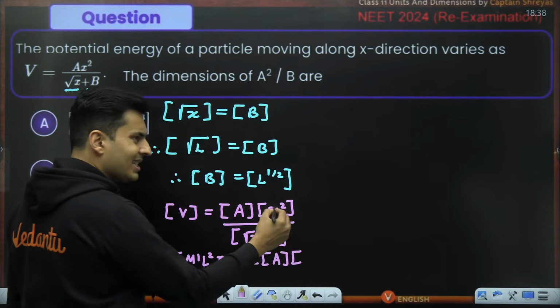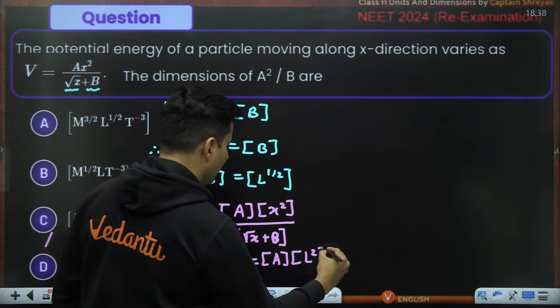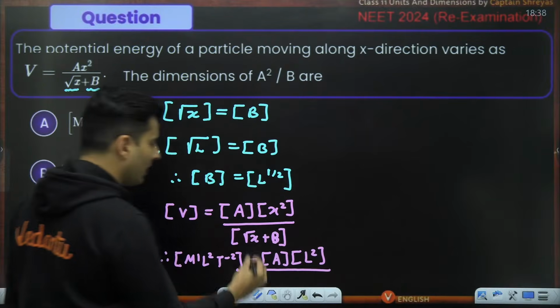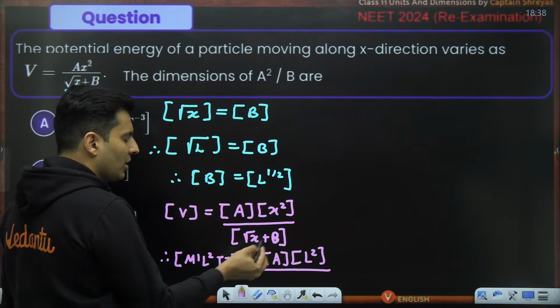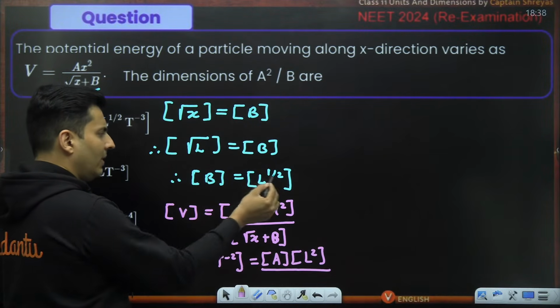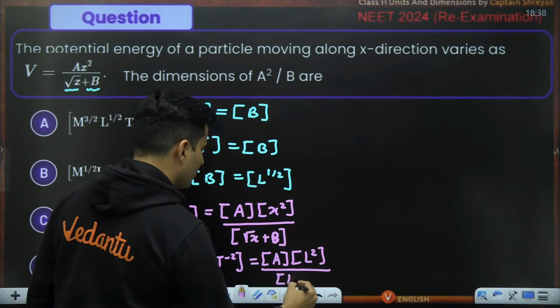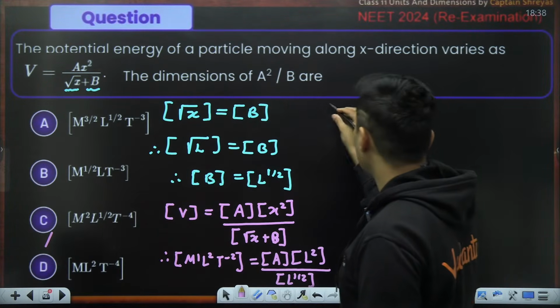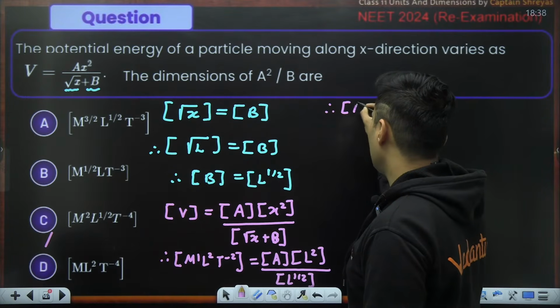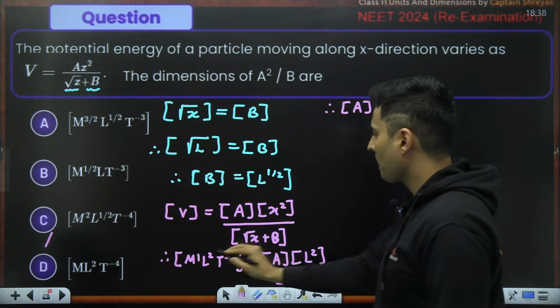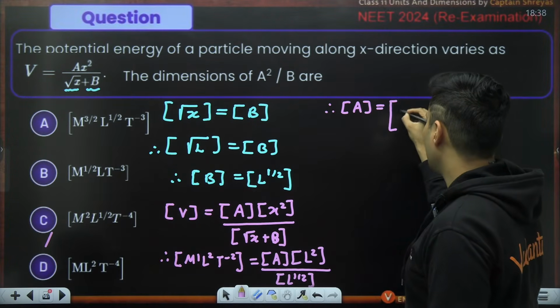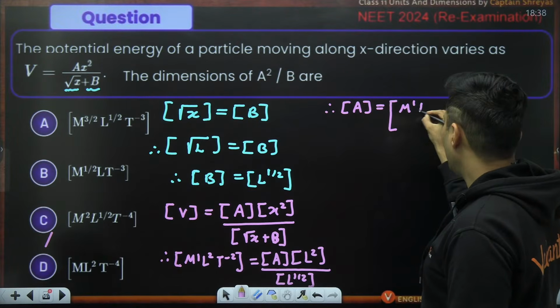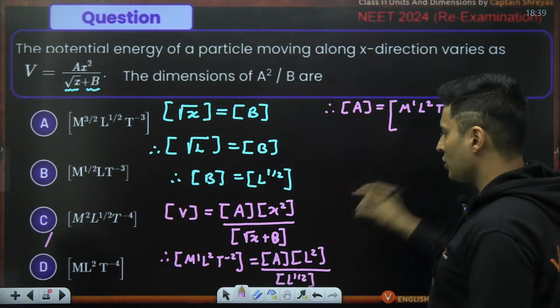Dimension of X, which is dimension of length, it will be L raised to 2. The whole thing divided by root X, root B, root X and B, they have the same dimensions, which is L raised to basically half. Shift it on the other side. So the dimensional formula for A will be m raised to 1, L raised to 2, T raised to minus 2.